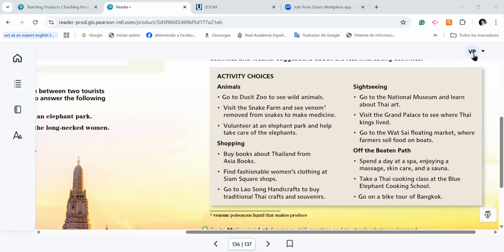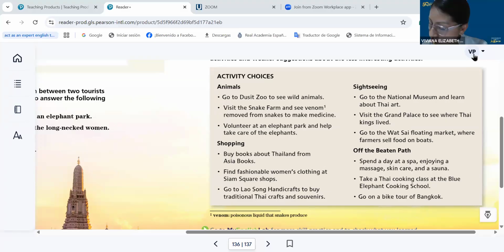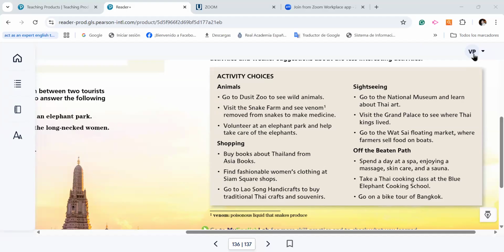For me the strong one is: we should visit the Grand Palace to see where the Thai kings lived. Can you repeat? Sorry. We should visit the Grand Palace to see where Thai kings lived. Okay, another one.